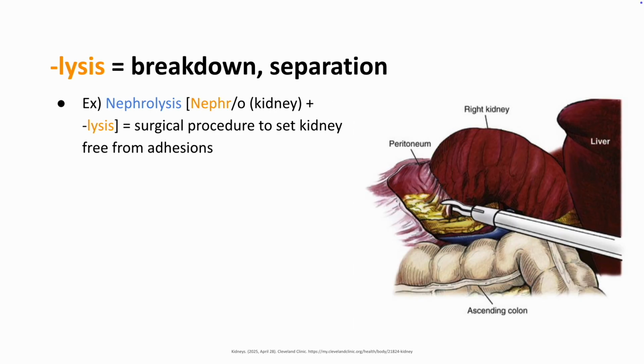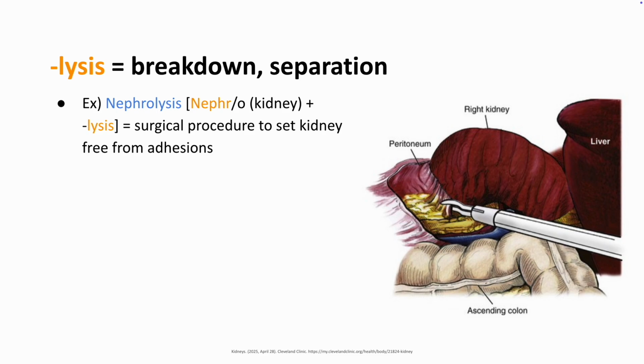Suffix lysis. So lysis usually means breakdown of something, but it can also mean separation. So one example is nephrolysis. So nephro was kidney from before, and lysis, separation in this case. So nephrolysis means a surgical procedure to set the kidney free from adhesions.